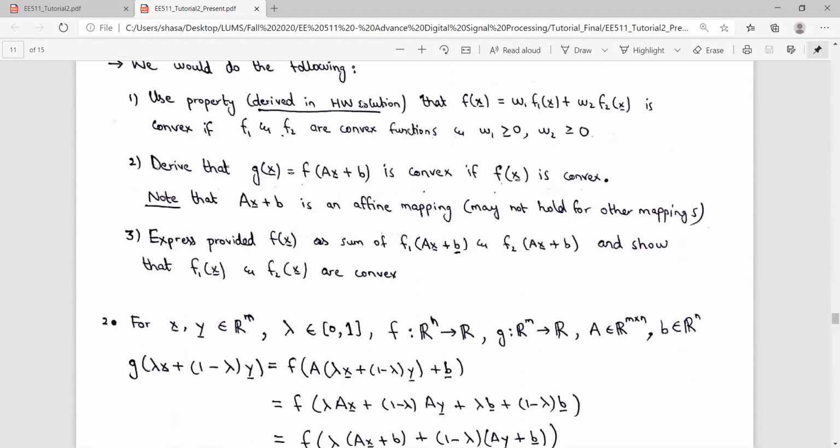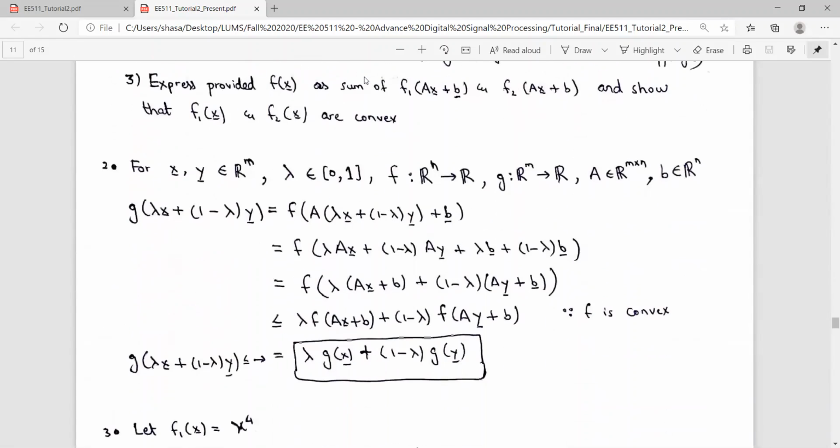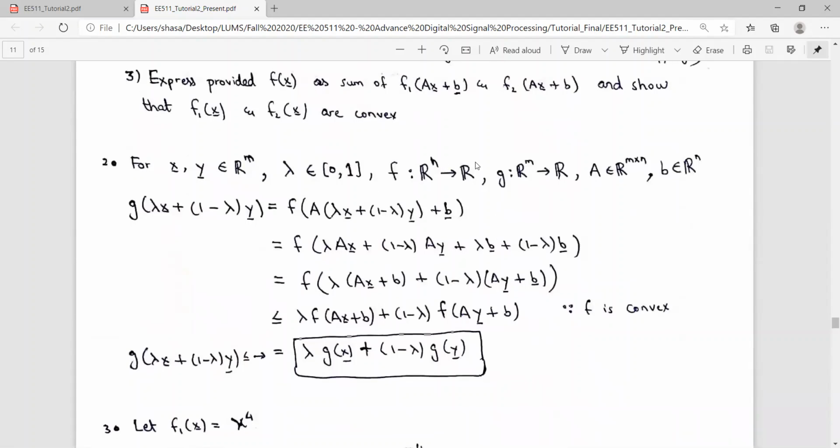Let's begin. This is ideal if you like, even write stuff like this just to be clear. So what is F? F maps from R^n to R, and G maps from R^m to R. So b is an n-dimensional vector, x and y are m-dimensional vectors.